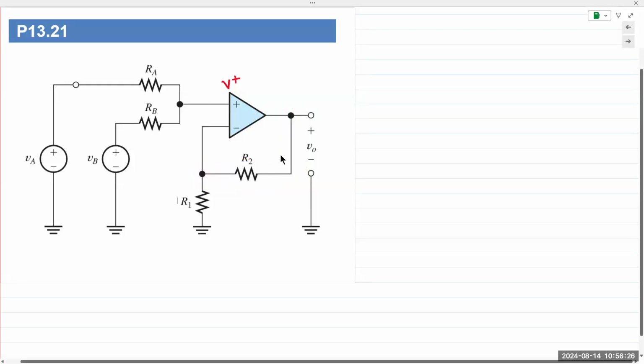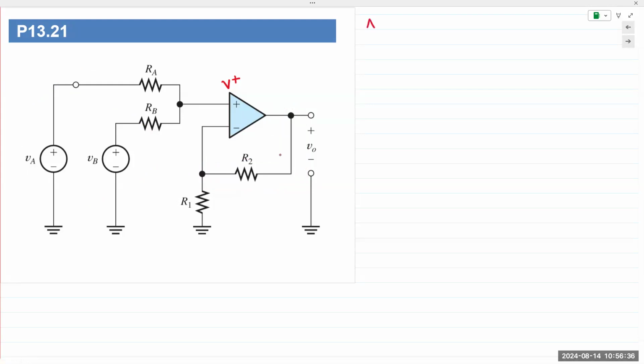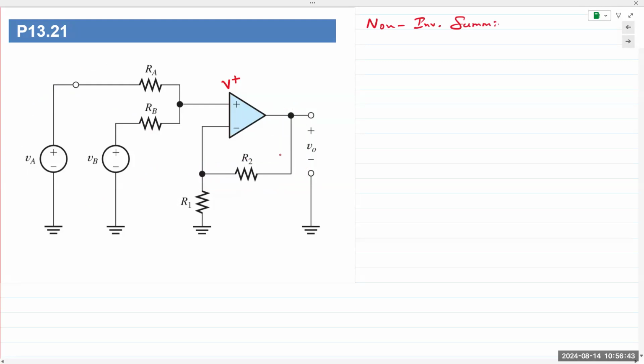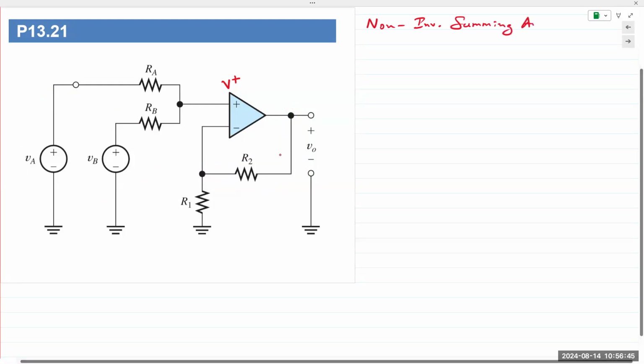So negative feedback is present, and you have multiple inputs at the input terminal. So it is a summing amplifier. Okay, non-inverting summing amplifier.